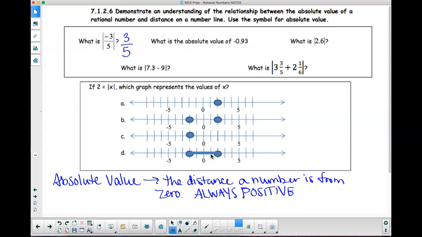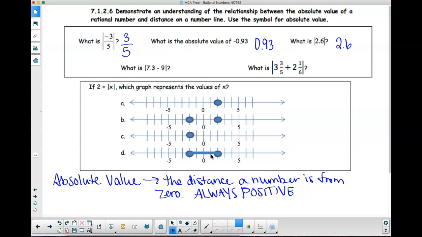What's the absolute value of negative 0.93? Don't make it hard. It's just what? 0.93. What's the absolute value of 2.6? 2.6. Okay, that's it.